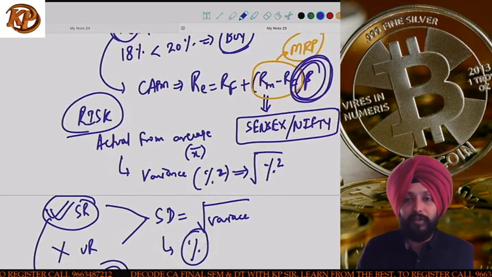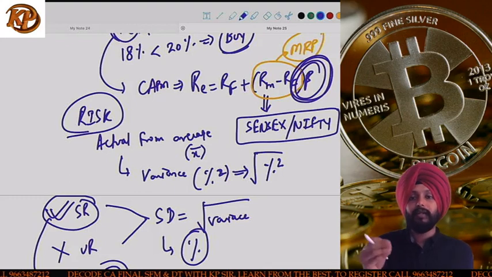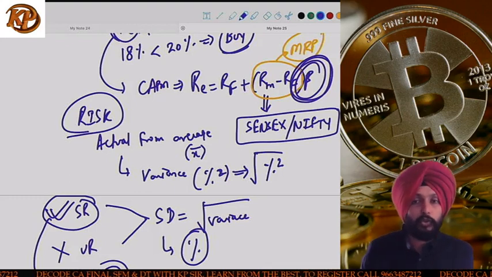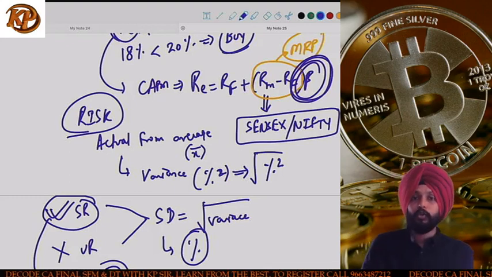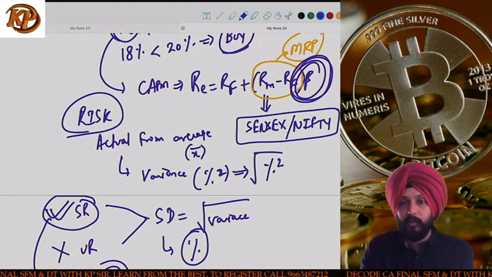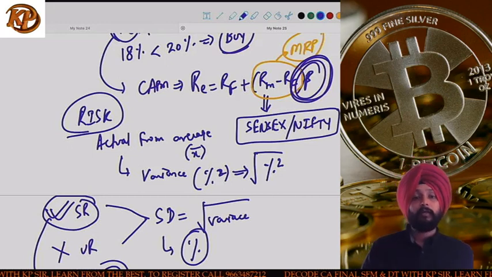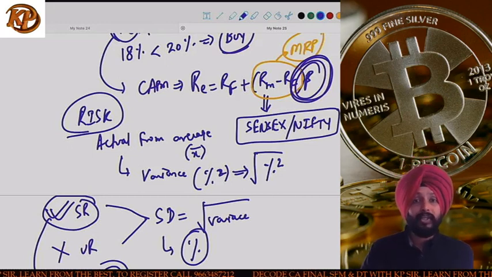Unsystematic risk did not find a place in the CAPM equation, because the CAPM model was very clear that any rational investor should not be exposed to unsystematic risk. You need to be intelligent enough to understand that you should not invest all your money in one stock and accordingly get exposed to its unsystematic risk. So this is how the CAPM equation is designed. I hope now the equation is clear.